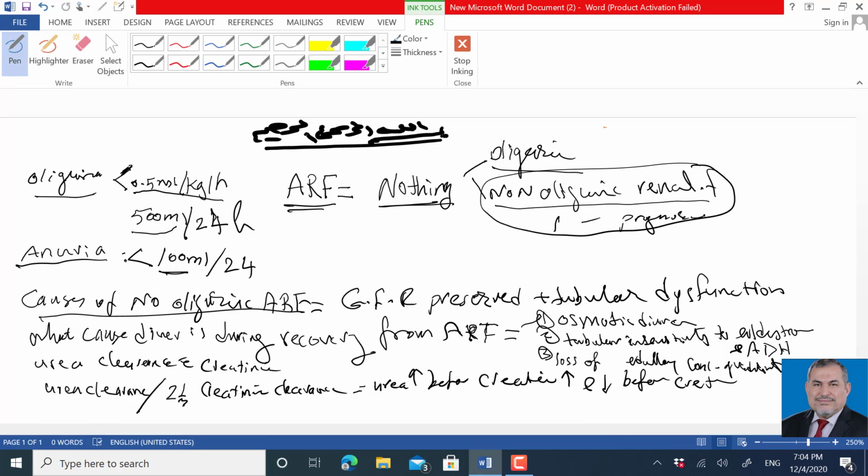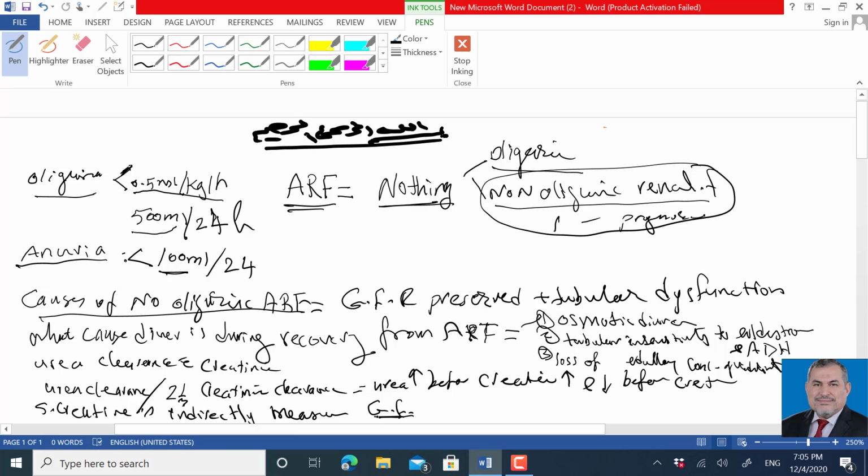Serum creatinine is an indirect measure of what renal process? Glomerular filtration. This is the most important. Okay.